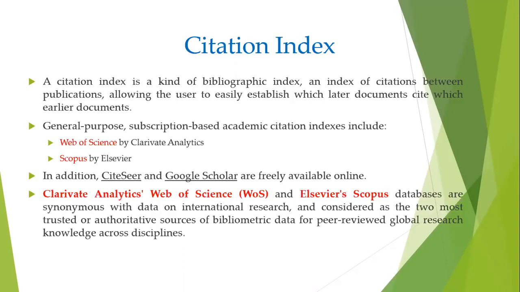Suppose you are referring to a particular article, say the article XYZ, in your own paper, one time within the text. And in the reference section you put its description: where it was published, in which journal, in which volume and which year. It means you have given one citation to that particular paper.